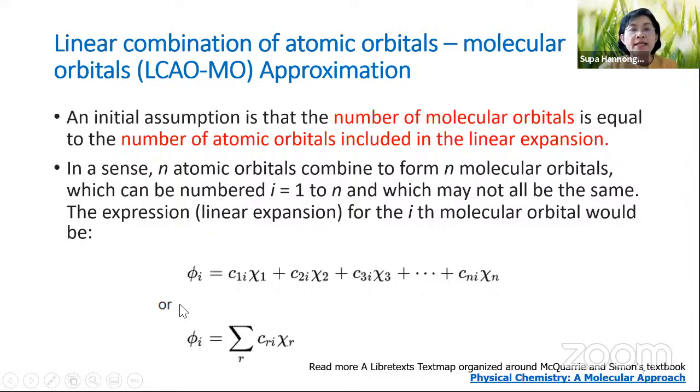And then we can write it in short: phi i equals the summation of coefficient multiplied by atomic orbital chi r. This is the concept: linear combination of atomic orbitals to construct molecular orbitals. Okay, this is the idea of the LCAO-MO approximation.